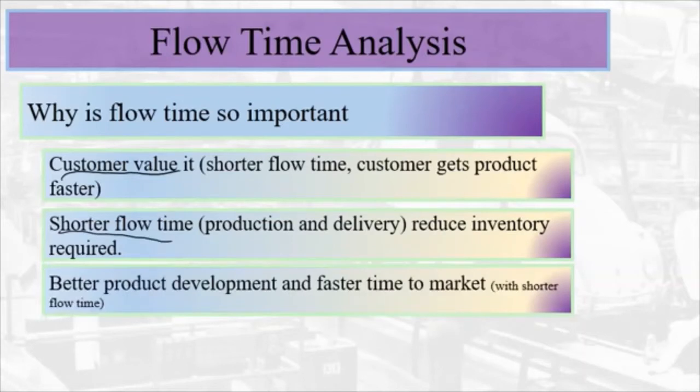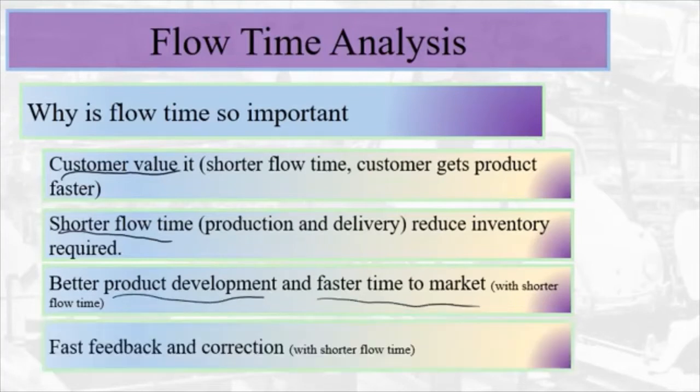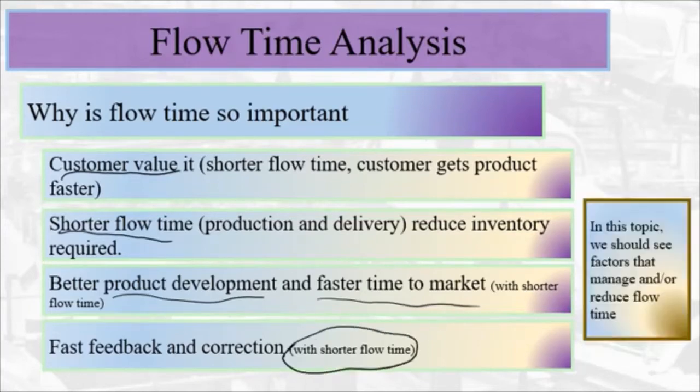Also, when it comes to product development and design, the faster you could design your product, the faster the time to market. And feedback and correction, if there are any corrections or feedback, it's also faster to do it if you have shorter flow time.